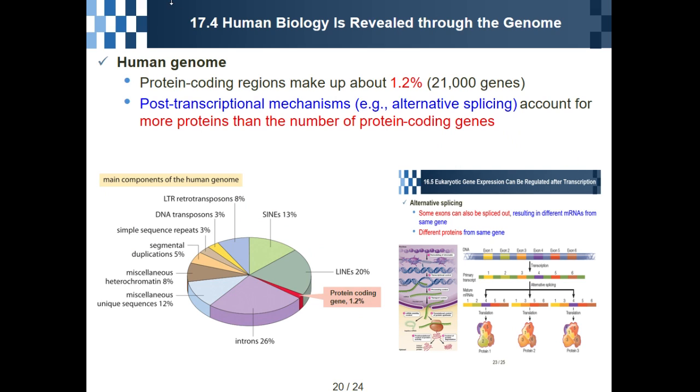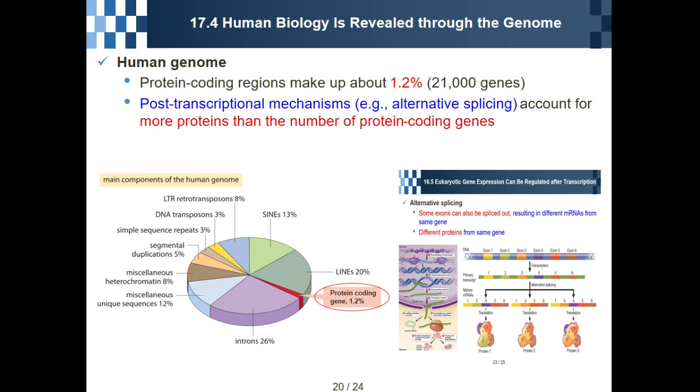Now we will go to human biology. So human biology is revealed through genomics. So this is our human genome. Okay, we have a very big human genome. The protein coding gene comprises only 1.2%.